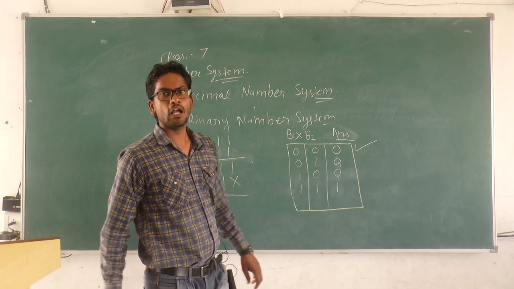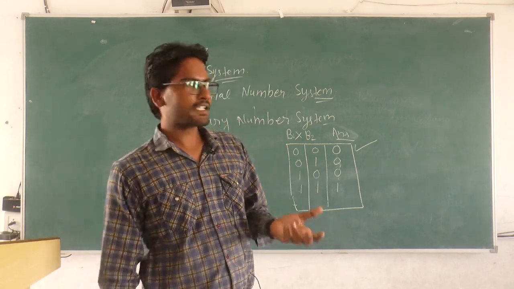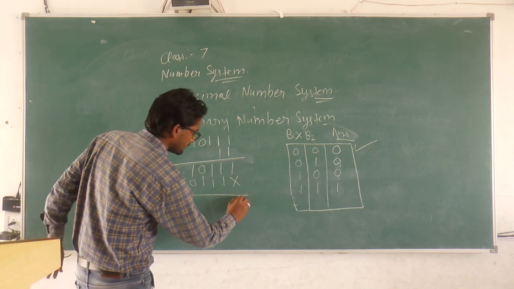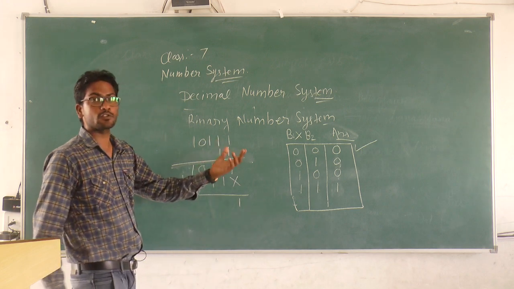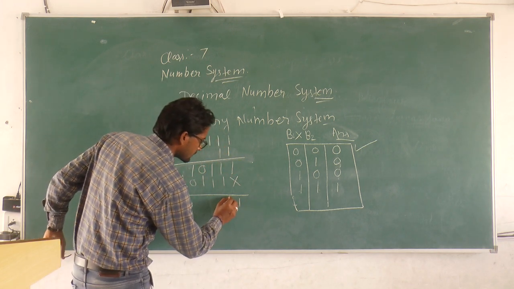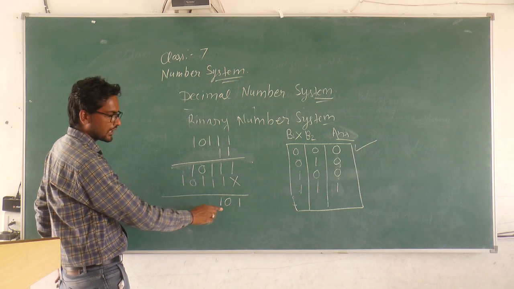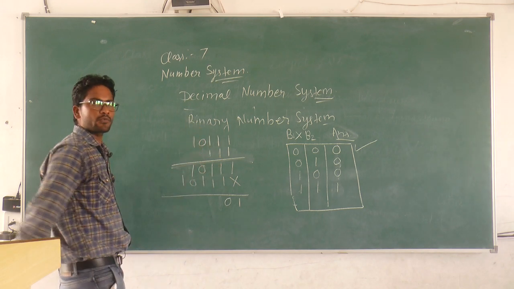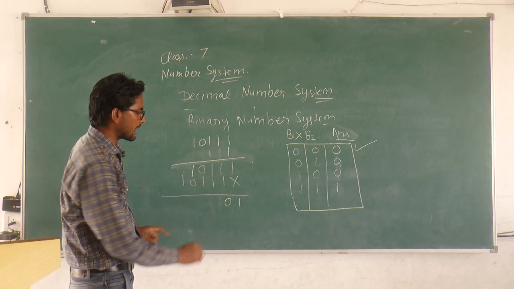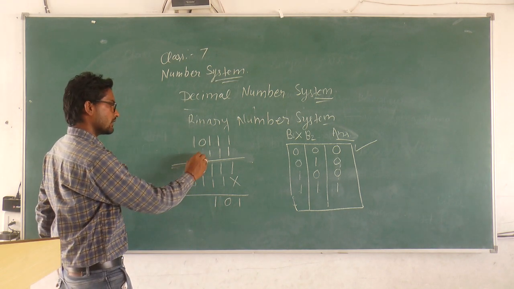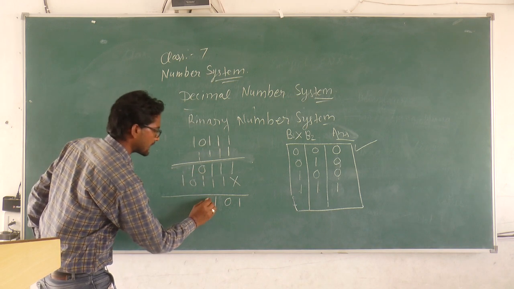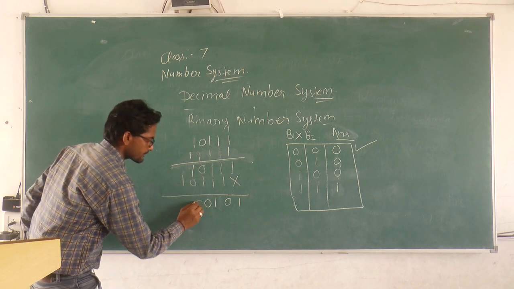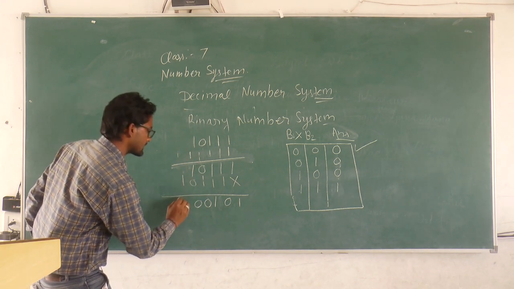Now, it is the same as how we do multiplication in the decimal number system. After this we will add these digits. Now when you add, 1 plus 1 as in the previous table is 1, 0, but 1 we will not write here, it will go upside. 1 plus 1 is 1, 0, and 1, 0 plus 1 is 1, 1. 1 we will write here, 1 will go upside. 1 plus 1 is 1, 0, again 1 will go upside. 1 plus 1 is 1, 0, again 1 plus 1 is 1, 0.